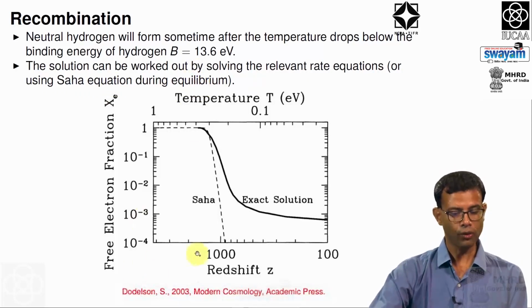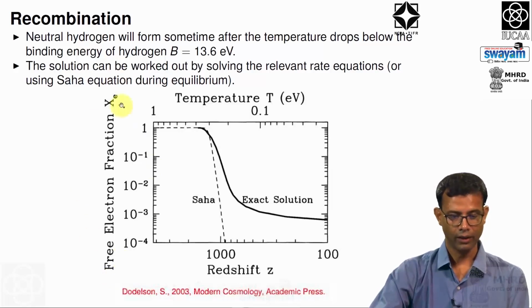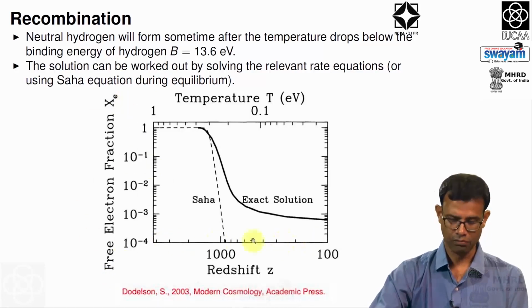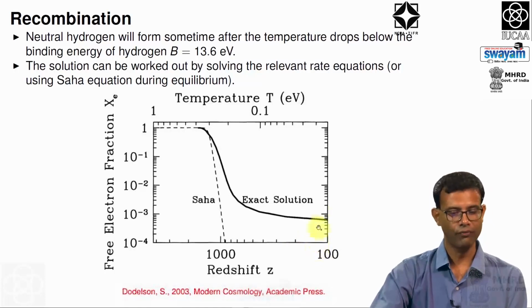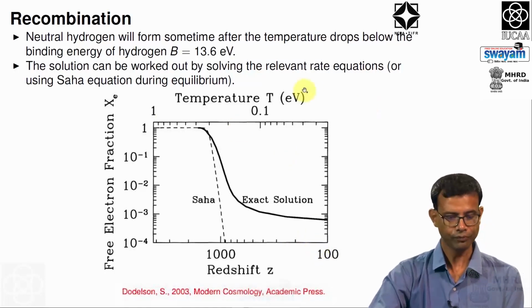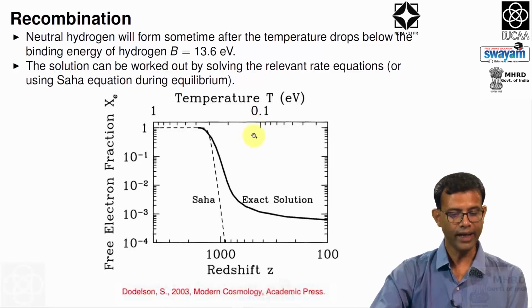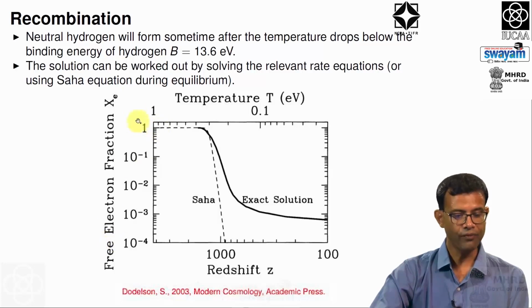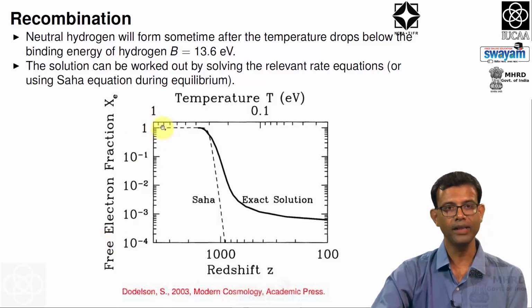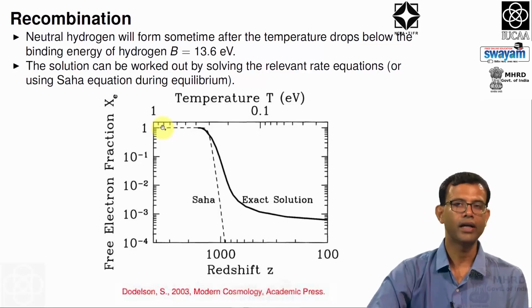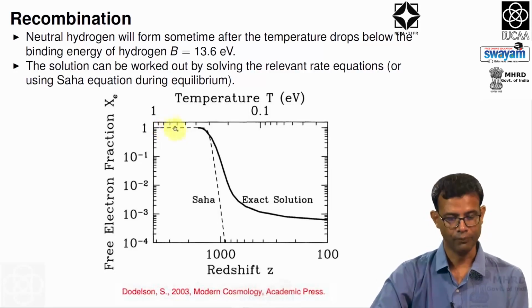What has been plotted here is the free electron fraction as a function of redshift, which you can convert to scale factor if you want, or the temperature. You can see at higher temperatures, which means at early times when the temperatures are more than an eV, the free electron fraction is 1, which means all the electrons are free, not combined into any atoms.